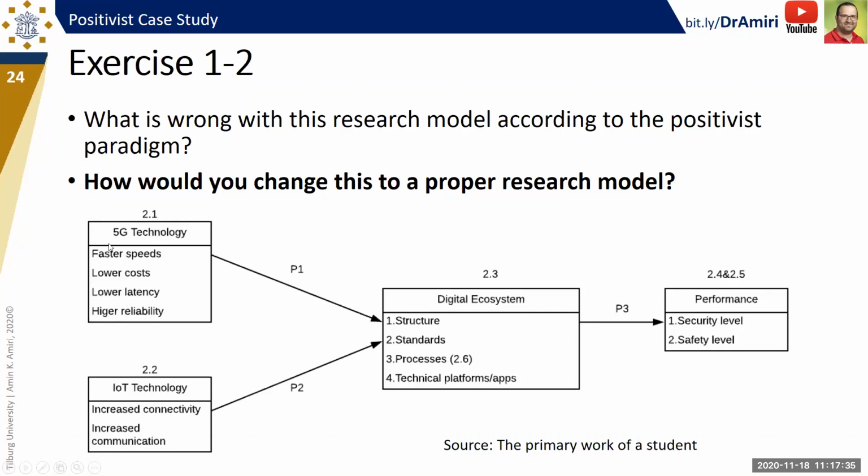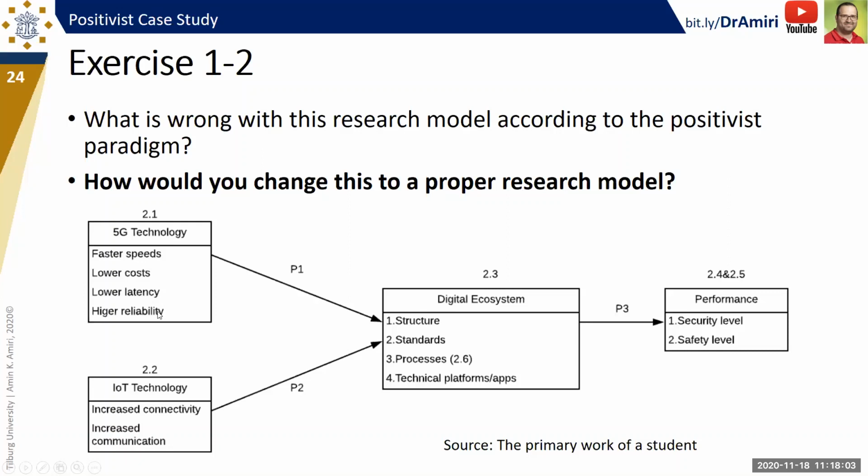But in this case, reading the rest of the items that are perhaps used to measure this construct or stated as dimensions of this construct, here you see, for example, faster speeds, lower cost. See, this is not a construct. Speed is a construct. Cost is a construct.